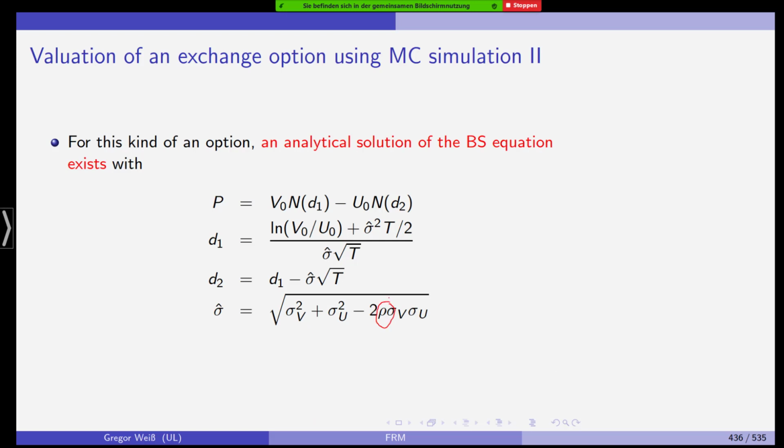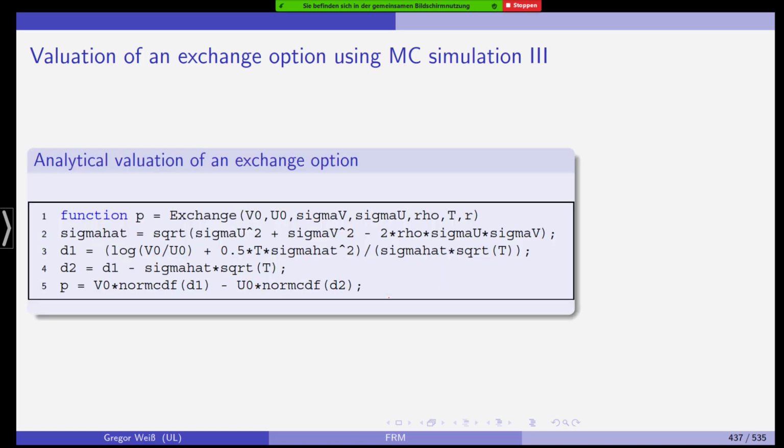You can see we don't take sigma, but we take sigma hat, which incorporates the correlation between those 2 processes. So this is the Black-Scholes analytical solution. Again, we wouldn't need Monte Carlo simulation, but we'll compare our Monte Carlo simulation result later on with the Black-Scholes result.